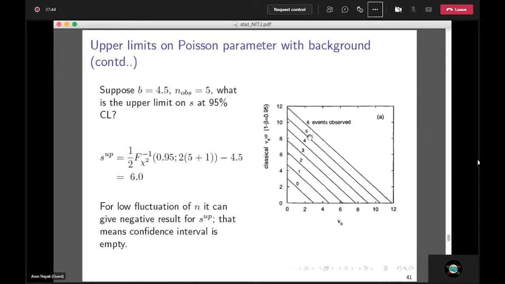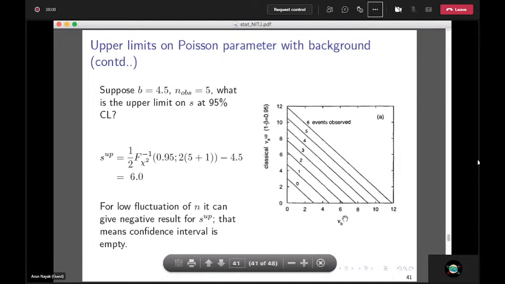Here you can see one thing: suppose we expect 5 background events and we observe 2 events. Then you can see that the upper limit on S goes negative.